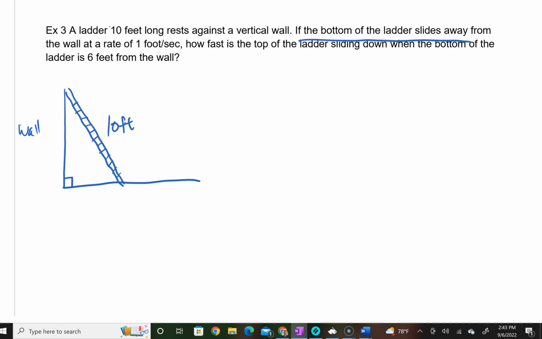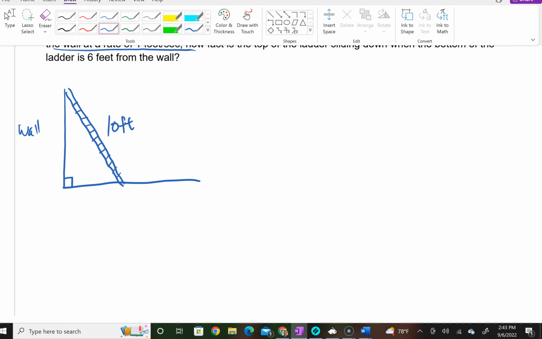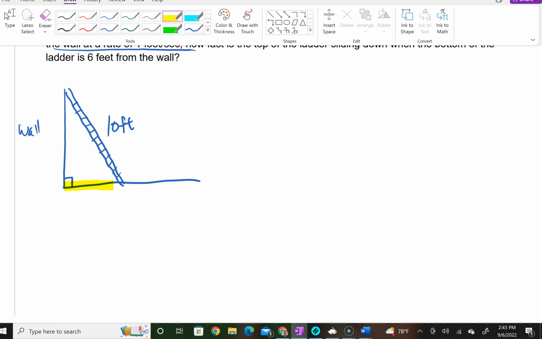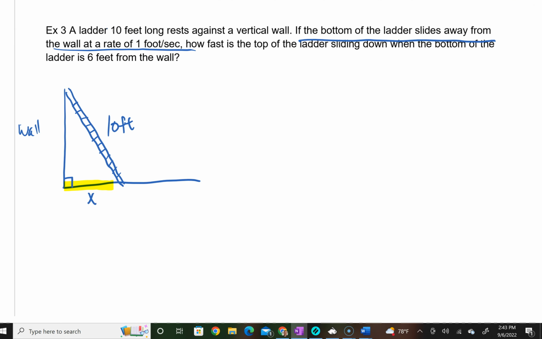The bottom of the ladder slides away at a rate of 1 foot per second. Well, the bottom of the ladder, if I may, I'm going to highlight that in yellow right here. Let's call that x, okay? And dx/dt, ask yourself, as this ladder slides away, is this distance going to get bigger or smaller? You can see it's sliding away, that x is going to grow.